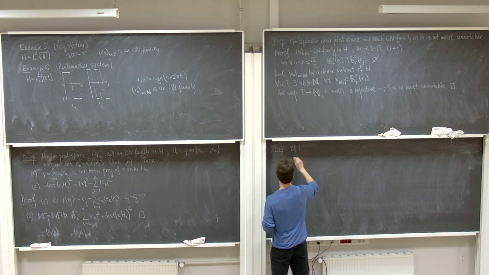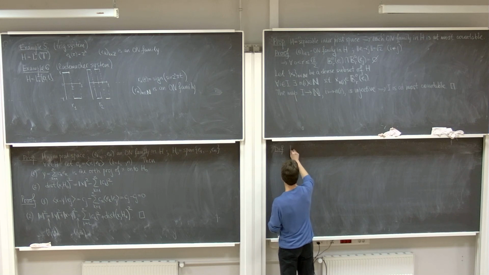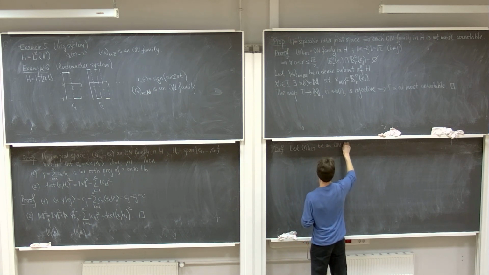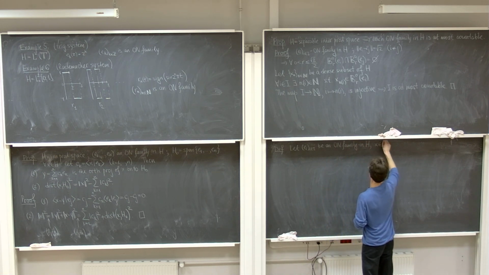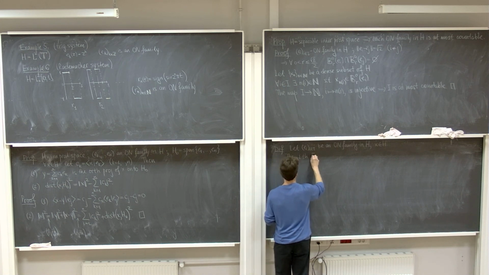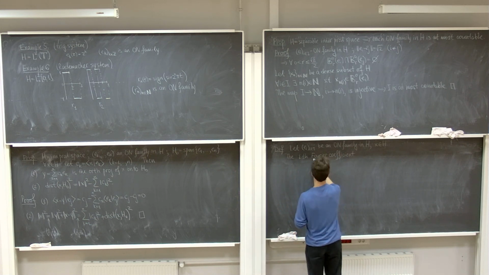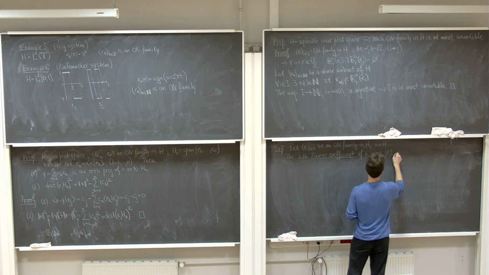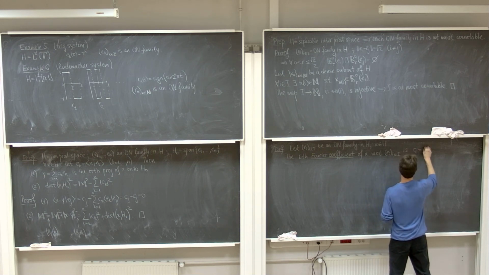Suppose that we have an orthonormal family Ei in H. And let little x be an element of H. We define the ith Fourier coefficient of x with respect to this family to be the inner product of x and Ei.